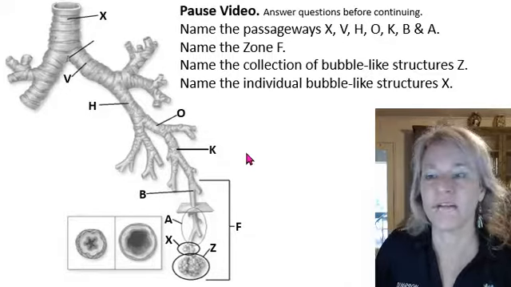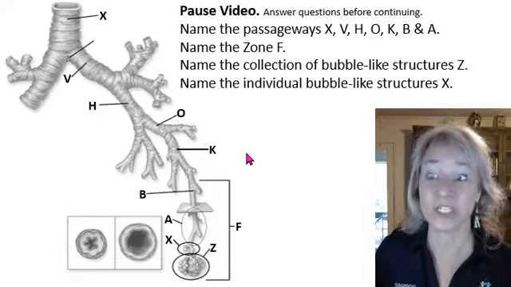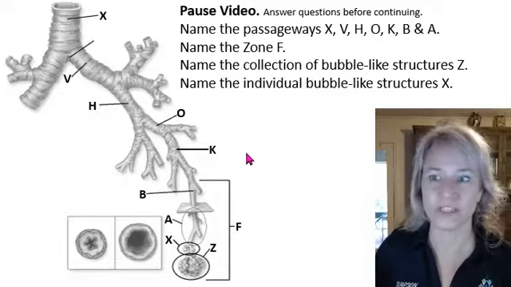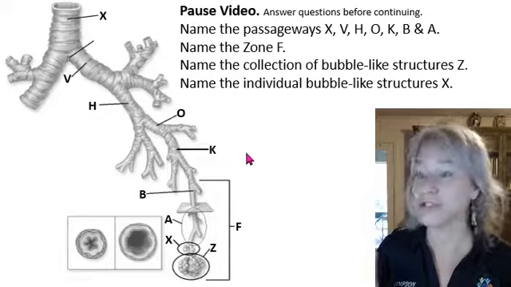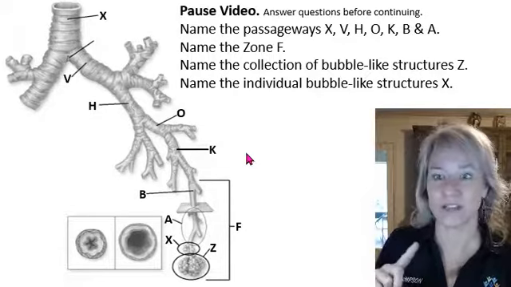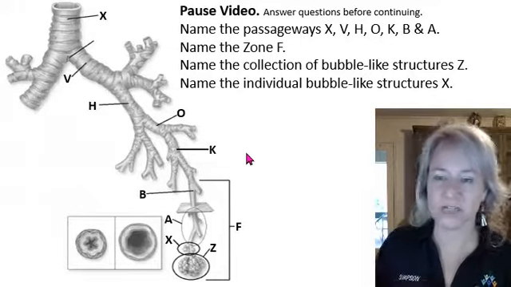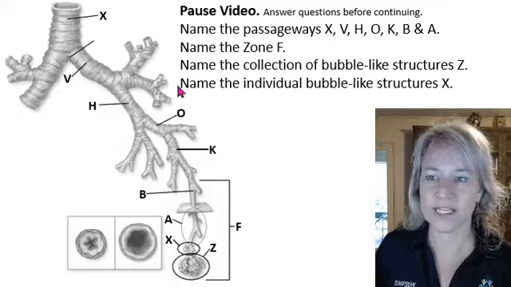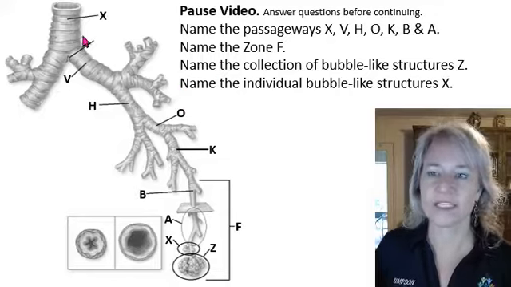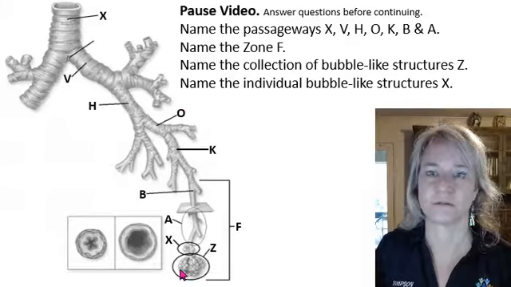This is a drawing I found, it's pretty good, but the drawing you just drew in your notes is the one that's going to be on the test. I don't think it's going to be this one. Anyway, let's pause the video and see if you would be able to name all of those structures.